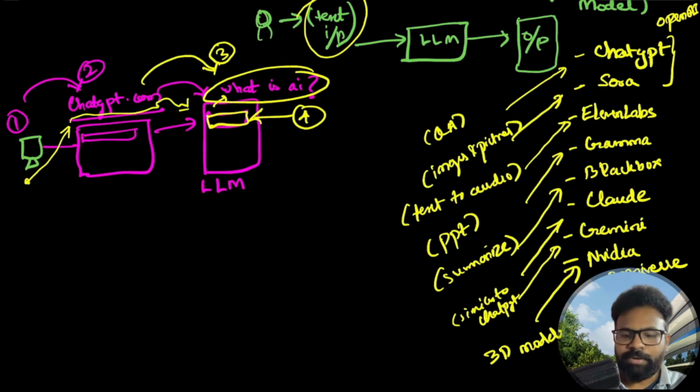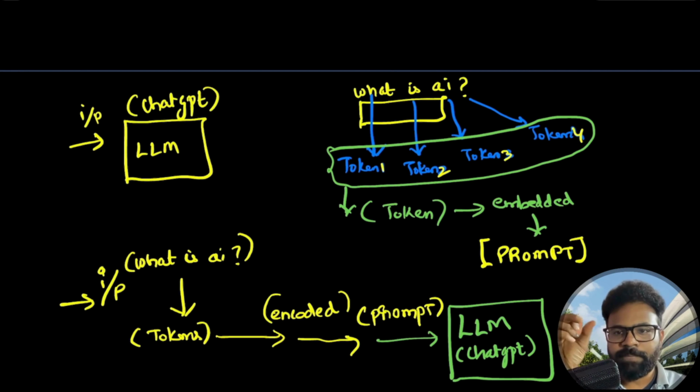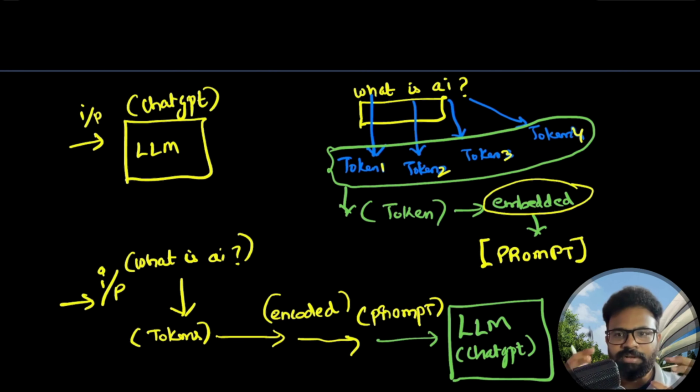This is converted into individual tokens like token 1, token 2, token 3, token 4, representing each word in that query. All these tokens are embedded into a single format and fed as a prompt to the LLM, because the LLM only understands the prompt format, not the normal query format.